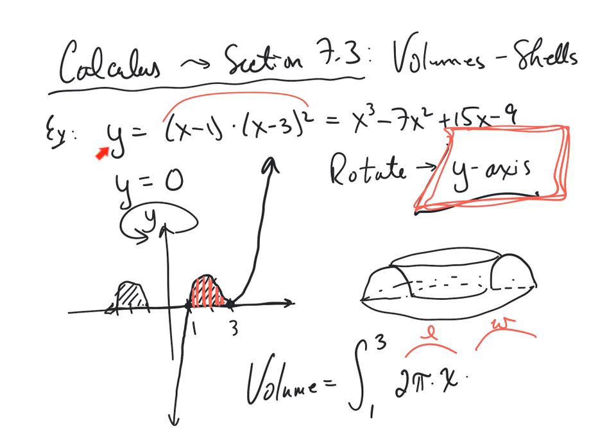We got it right here, y equals. And now I'm going to choose to use this form because if I chose the original form, I'd have to multiply it out anyway. So I'm going to choose the multiplied version of the function for the width. So that one's going to be x to the third minus 7x squared plus 15x minus 9.